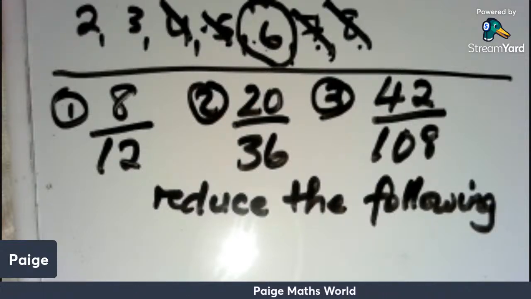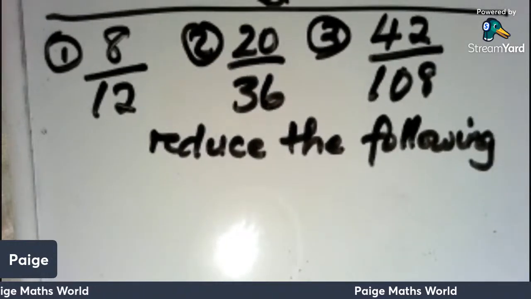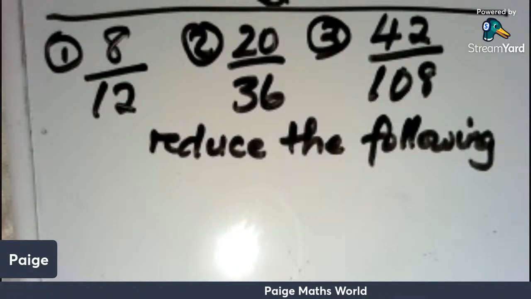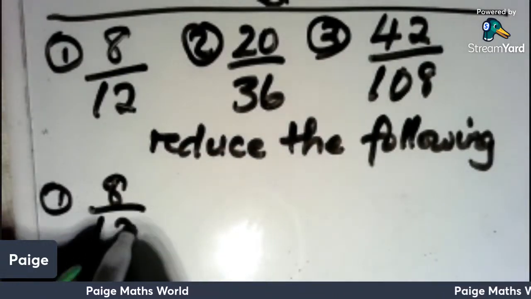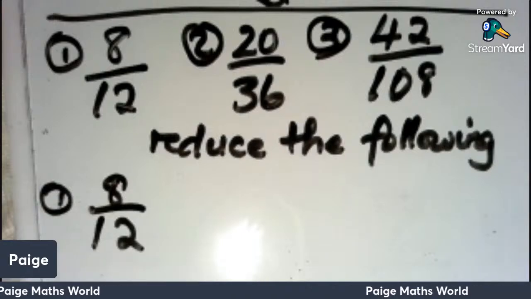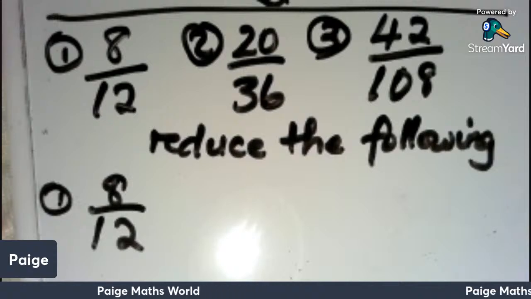All right, are we ready? So let us get on with it. For number one, 8 upon 12. I'm a math teacher, so I'm going to know the answers. So I'm going to ask you guys to tell me what number we can use to divide into 8 and 12 without leaving a remainder.